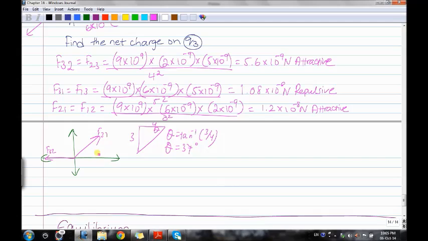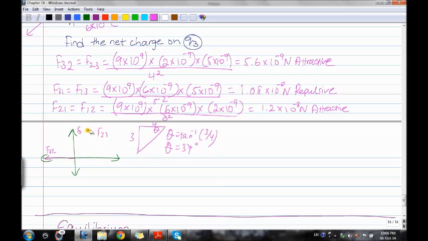So it will go to this side and then go to here. It would be sine, and then when it goes here, it will be cosine. So here it would be F31, because here it has both components of x and y, but here it only has the x component.